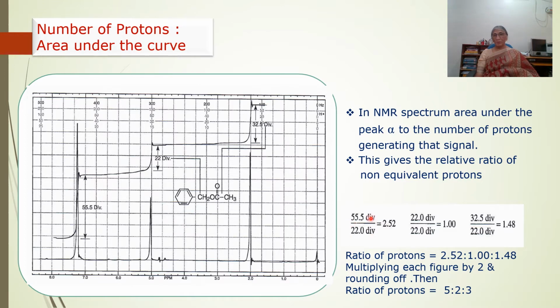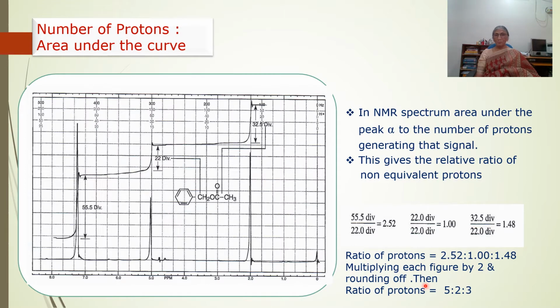So 55.5 divided by 22 gives 2.52, 22.0 divided by 22 gives 1.0, and 32.5 divided by 22.0 gives 1.48. This is the relative number of protons giving the three different signals. Now it can be multiplied by 2 and the values rounded off.